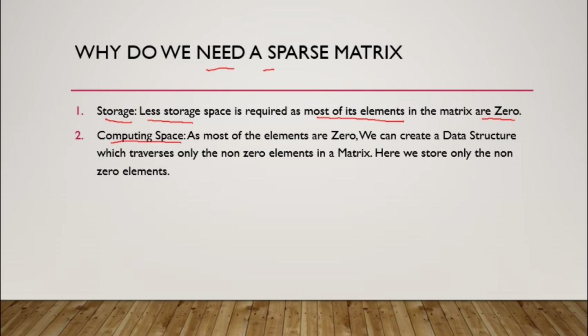As most of the elements are zero, we can create a data structure which traverses, that is, goes through only the non-zero elements in the matrix. Here we store only the non-zero elements. So in the sparse matrix, we have to compute only the non-zero elements and ignore the zeros.